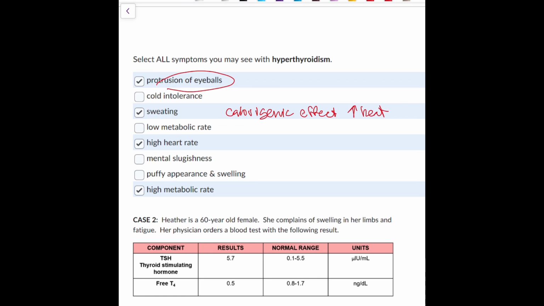So if someone has a whole lot of thyroid hormone, they're going to feel hot, so you're going to get sweating. It increases overall metabolism, so you're going to see a high heart rate. And the big thing that it does is it increases BMR. We learned that that was basal metabolic rate. So high metabolic rate.